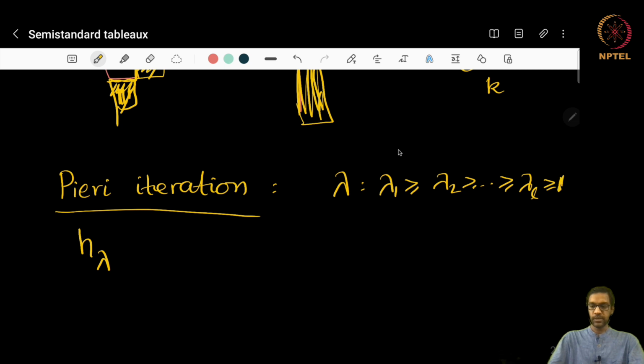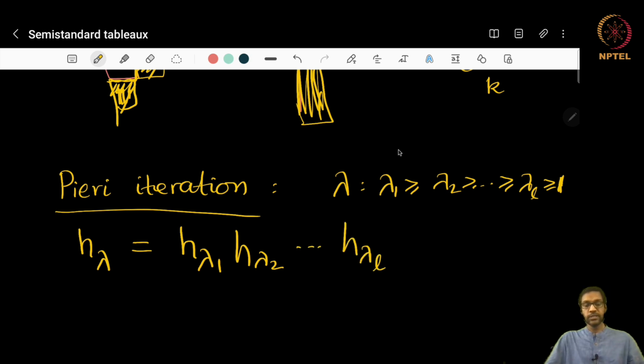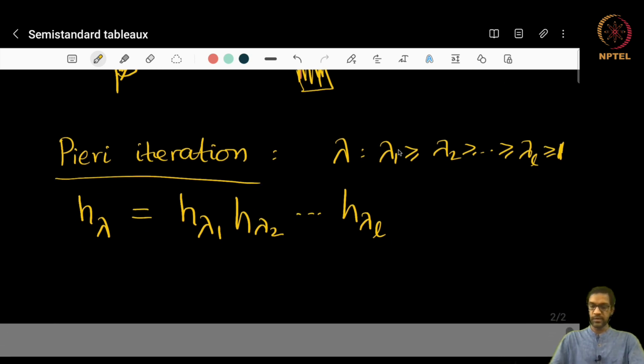Right? So here's a partition. And now when I talk about the complete symmetric function h lambda, again let me just suppress the variables. This is the product h lambda 1, h lambda 2, h lambda l. Okay, now since I have a product, what I do is I just keep applying my Pieri rule again and again. Okay, so what does that mean?